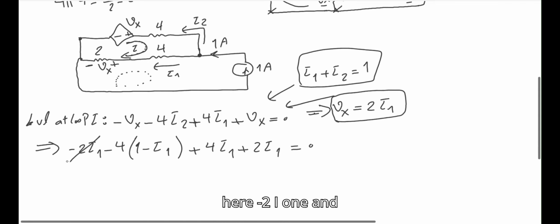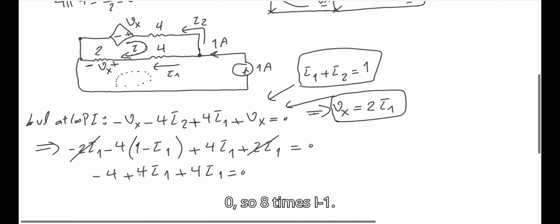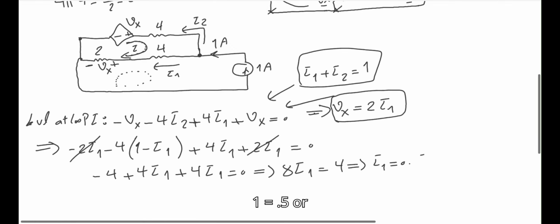So from here, minus 2I1 and plus 2I1 cancel out. I have minus 4 plus 4I1 plus another 4I1 equals 0. So 8 times I1 equals 4, or I1 equals 0.5, or half. Okay?